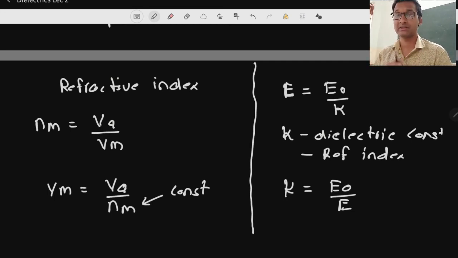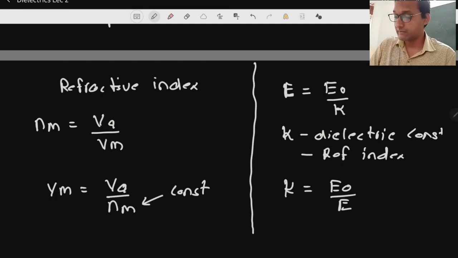So try to understand the similarity between them. Like the refractive index is different for different mediums, the dielectric constant is also different for different mediums or different insulators. The insulators are identified by this dielectric constant.